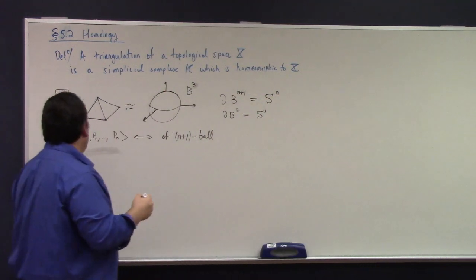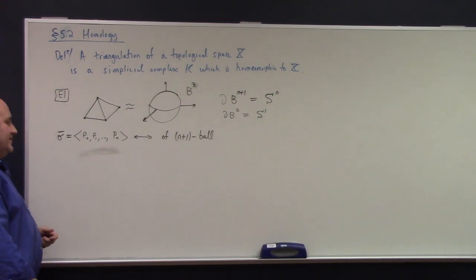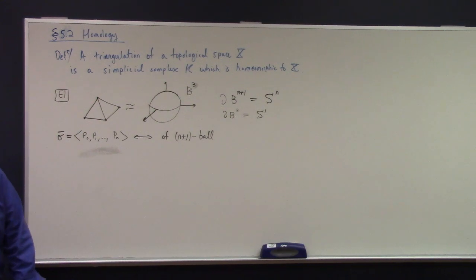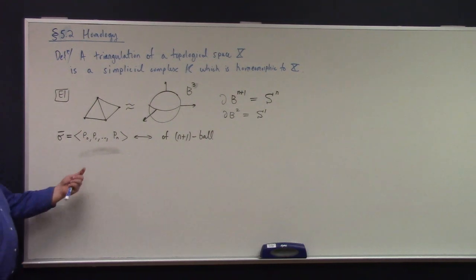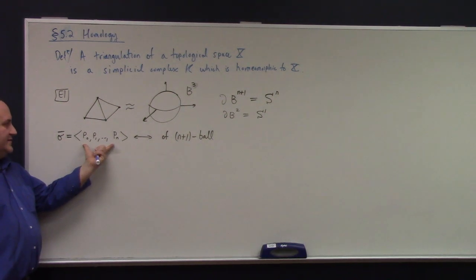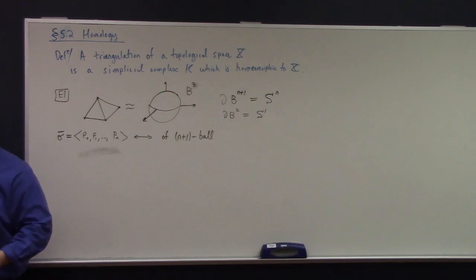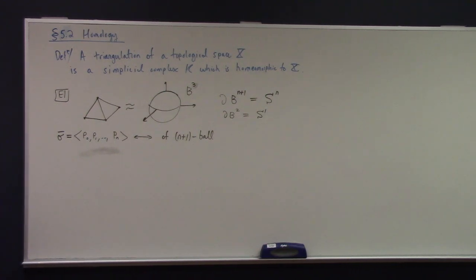Because he says that this is a triangulation. Good grief, I can't say that word today. Triangulation of the n+1 ball. I don't buy it. The tetrahedron, this solid tetrahedron that is filled, is a 3-dimensional shape.